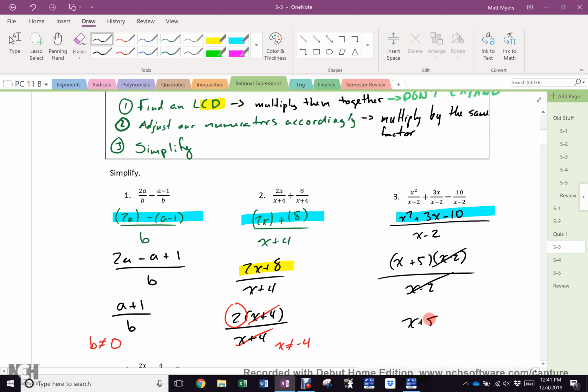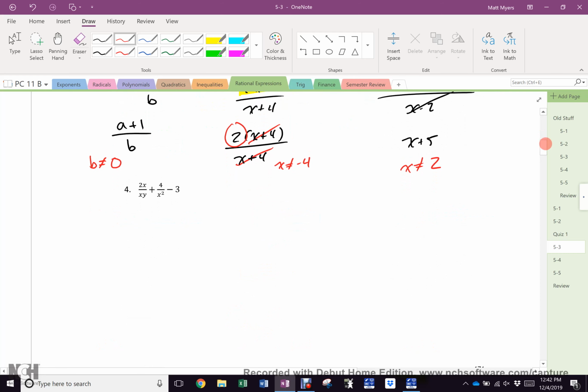Any problem when they have a common denominator? No, nothing new. If you can do some math, you do it, right? Okay. Oh yeah, sorry, forgot the NPVs. x can't equal 2.